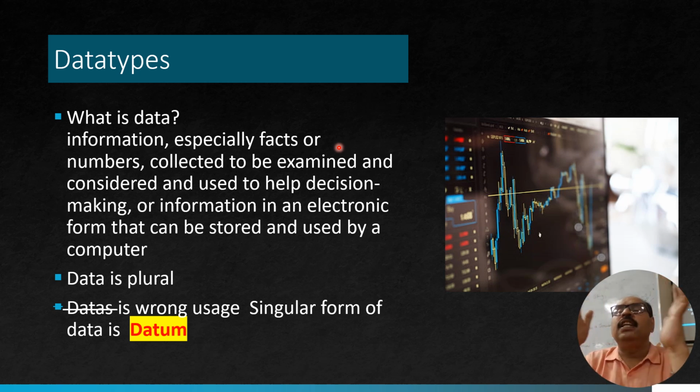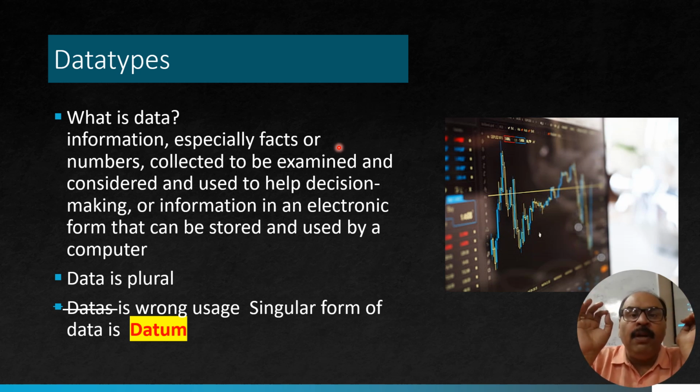Data is nothing but a collection of information. For example, a student data form might contain so much important information about you. It can contain your name, your age, your sex, your marks, your permanent address, your phone number.